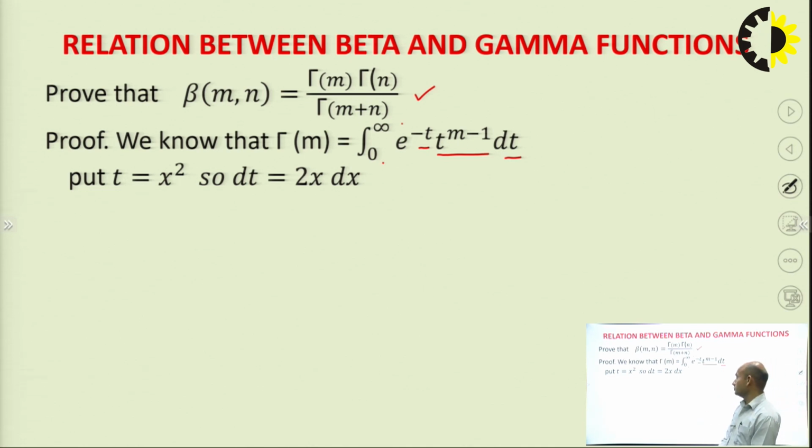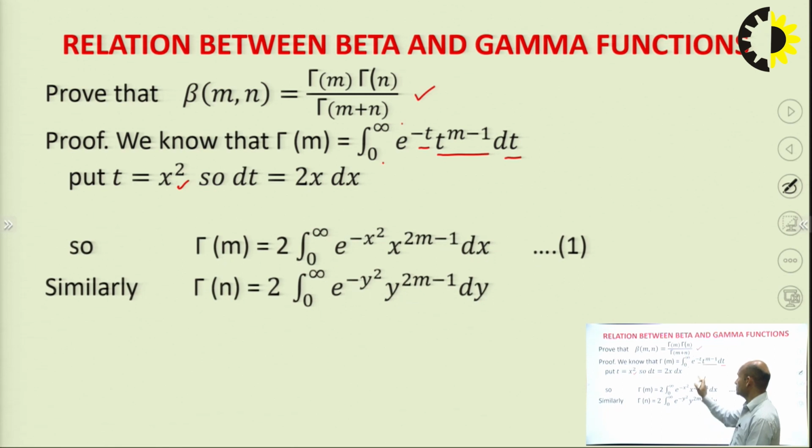So first we have to assume t as x square. So we assume t as x square, then we get dt equals 2x dx. Now after putting this value in the integration, we get gamma m equals e raised to minus t, so t is x square here. So we have e raised to minus x square, and we have x square whole power m minus 1.